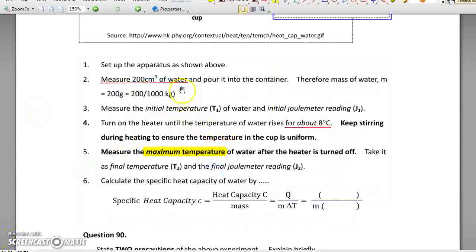You will measure 200 cm cube of water and pour it into the calorimeter, and supply energy so that its temperature increases by about 8 degrees Celsius. You may find the temperature rise accurately by measuring the maximum temperature reached when the heater is turned off. And then you may apply that equation 9 to find the specific heat capacity accurately.